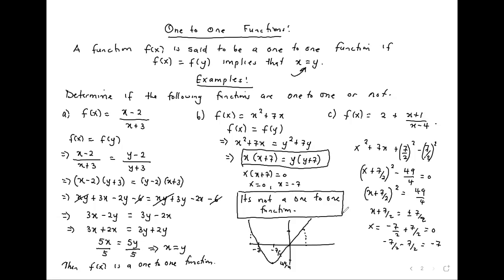Okay, I want you to keep this also so that you don't lose it. So right on the next page. I like that thinking. x squared plus 7x equals y squared plus 7y.